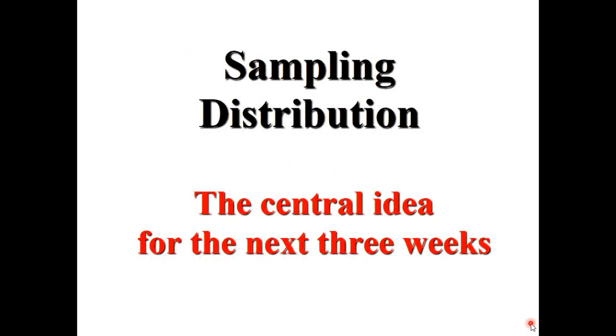Now, during the last class, we also learned about the sampling distribution. I said that the sampling distribution is the central idea in this class for the next 3 weeks. And I advised you to really study this topic now by reviewing your lecture notes and doing the readings and homework.